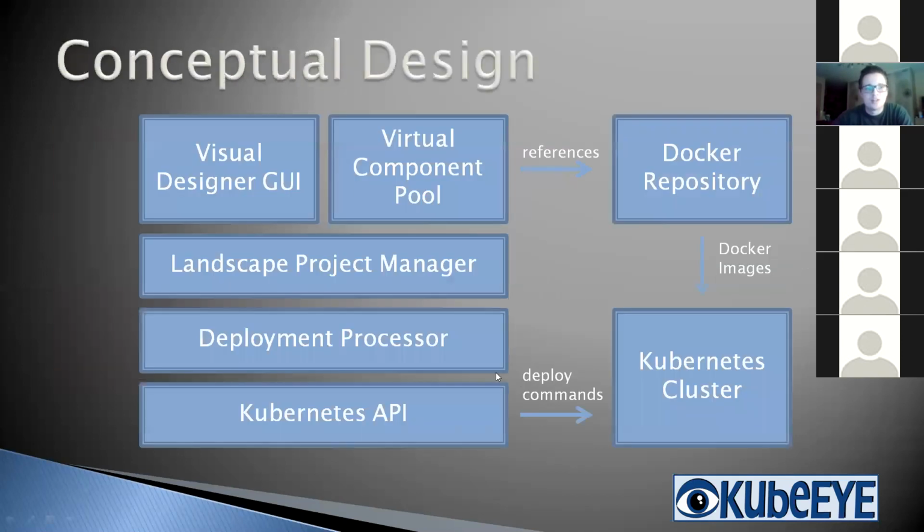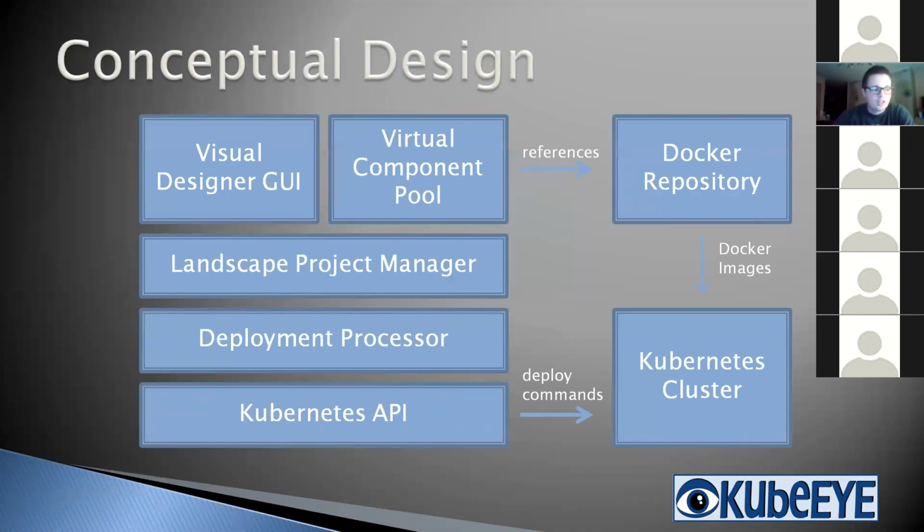And now I come to the basic architecture or the conceptual design of the KubeEYE application. We work on a visual designer UI which people can use to create landscape diagrams in a comfortable way, meaning they can do drag and drop of virtual IT components.